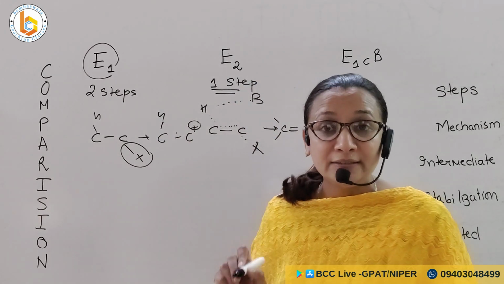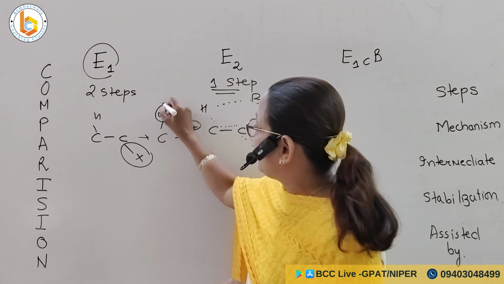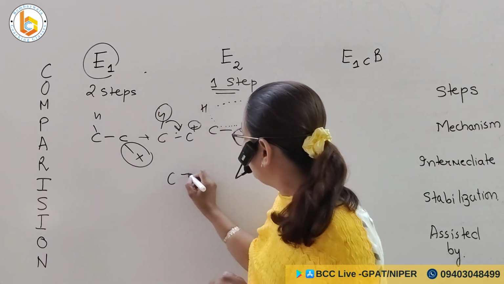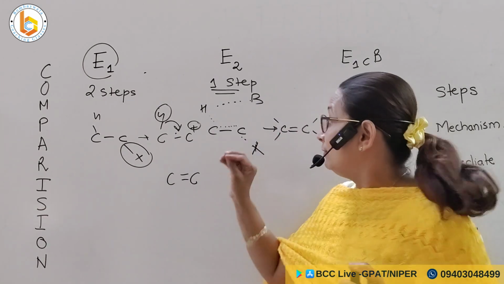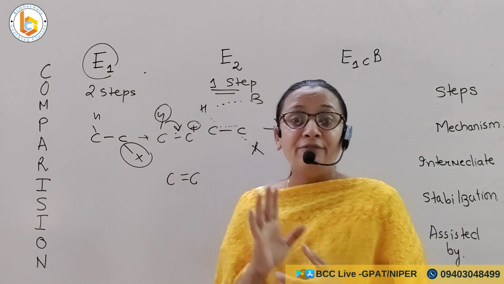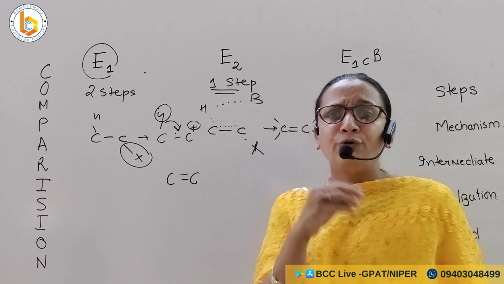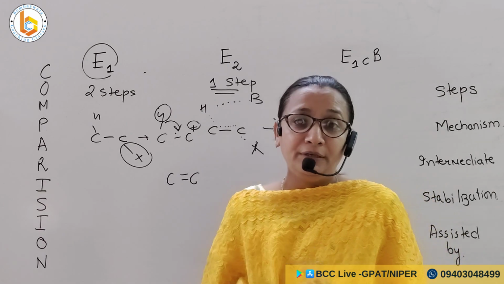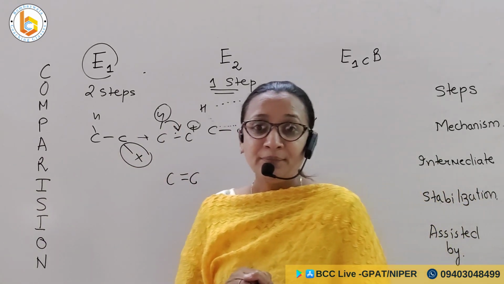Then in the next step the proton is lost, or taken up by the base, and we get a C double bond C. I have discussed elimination first order in my video. Do watch that video completely for all the factors and parameters about elimination first order and elimination second order.